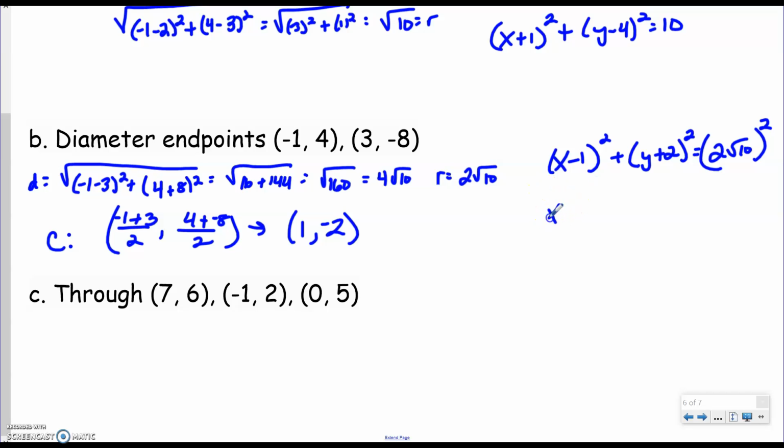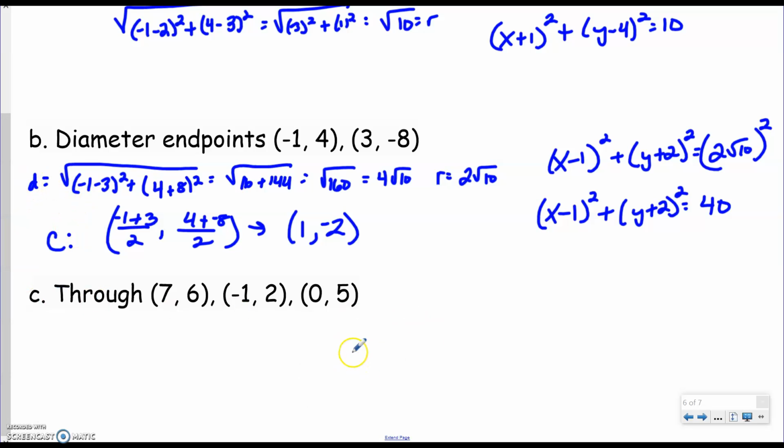Okay. So if I simplify that, I have x minus 1 quantity squared, y plus 2 quantity squared equals 40, because 2 squared is 4, square root of 10 squared is 10, and 4 times 10 is 40. And you can stop there.